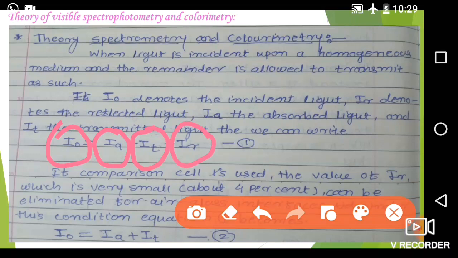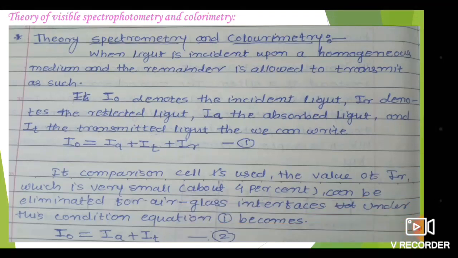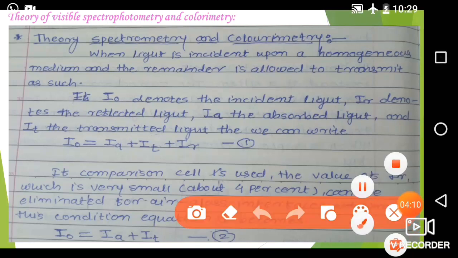So if a comparison cell is used, the value of IR, which is very small, about 4%, can be eliminated for an air glass sample cell. So under this condition, equation 1 becomes: IR, the intensity of reflected light, is negligible, so we neglect IR from equation 1.